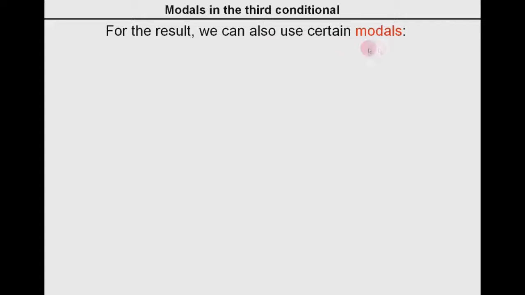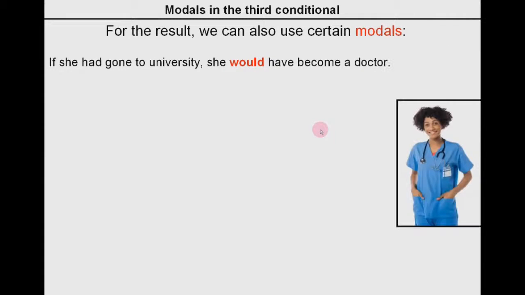Okay, now let's look at some modals in the third conditional. So for the result part of the sentence, we can also use certain modals. So if she had gone to university, she would have become a doctor. So would, we have already seen this in the lesson. And would is an example of a modal.